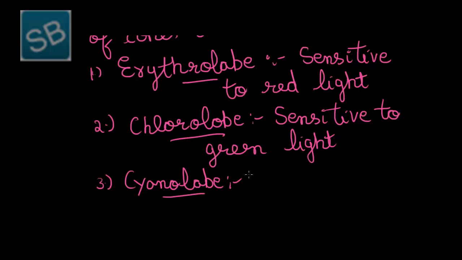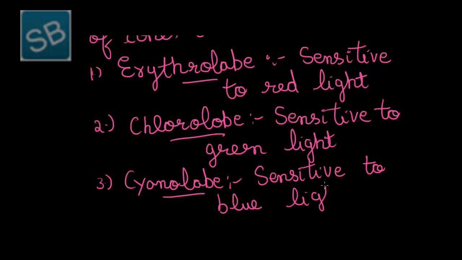This pigment, that is cyanolabe, is sensitive to blue light. Thus, with the help of cone cells during bright light, these colors can be recognized, or by the combination of these colors, the cone cells can recognize each color and thereby the image.